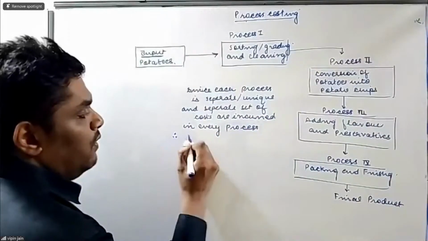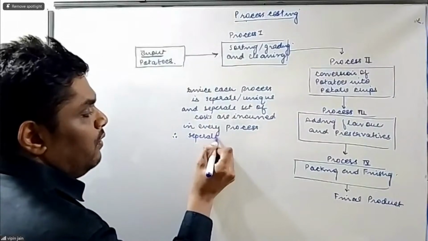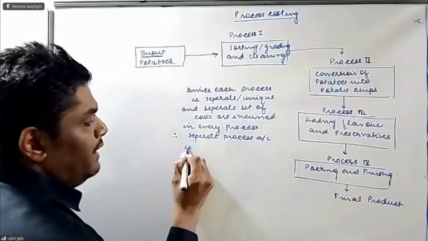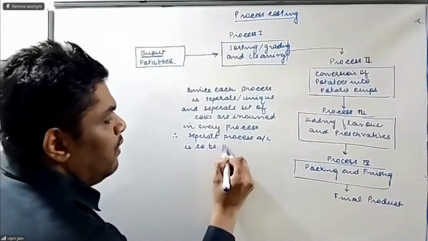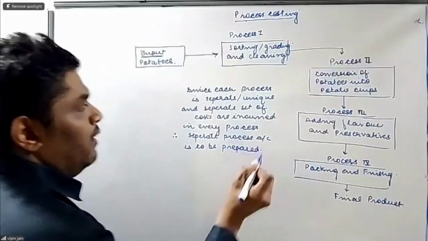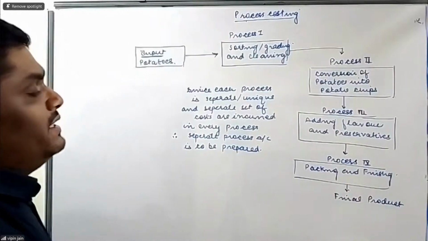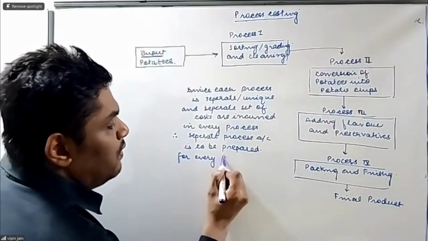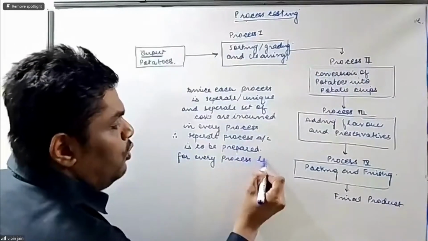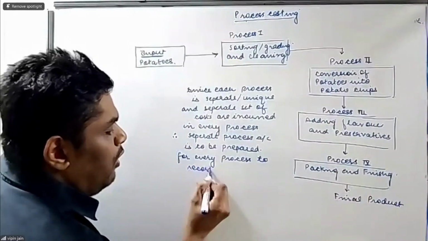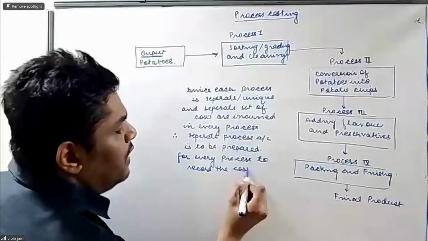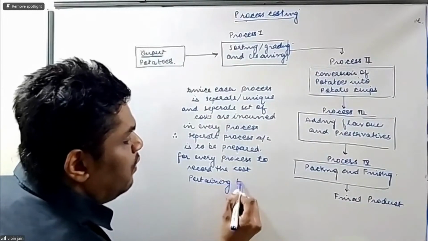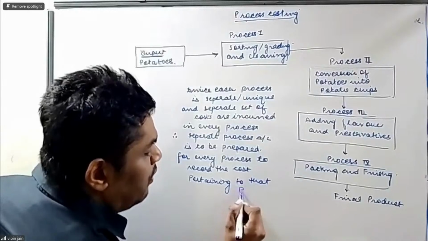Therefore, a separate process account is to be prepared for every process to record the cost pertaining to that process.